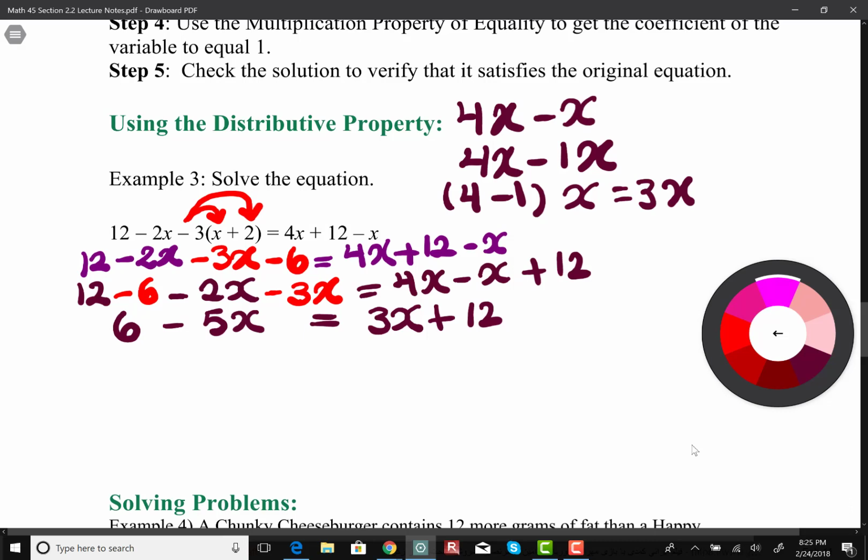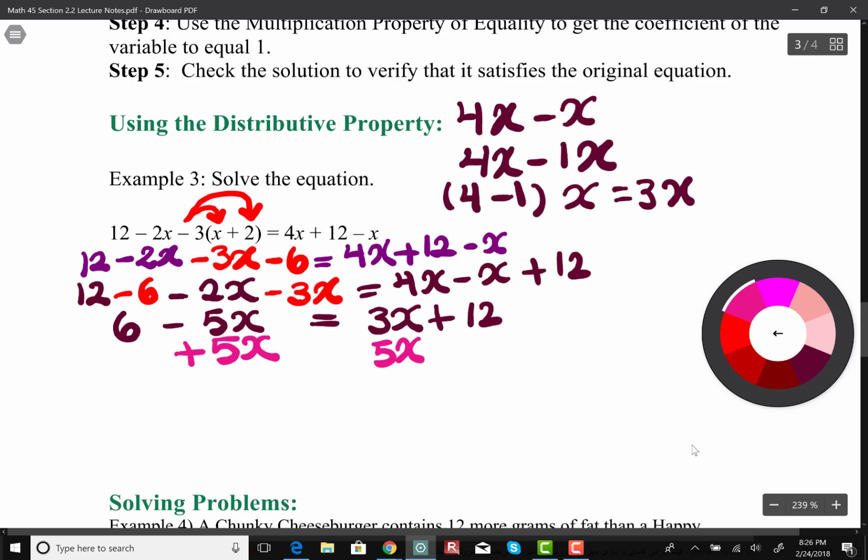Either way is fine. I'll do it by adding positive 5x, because this way I have one less step. Add 5x. But again, on the other side, you have to align it with the like terms. So I'm adding 5x to both sides.